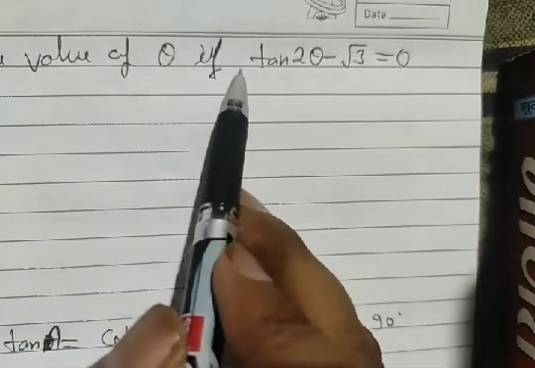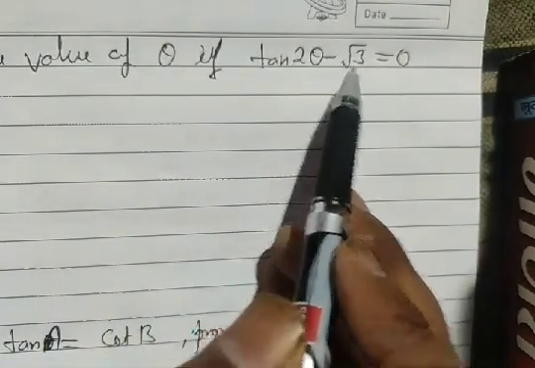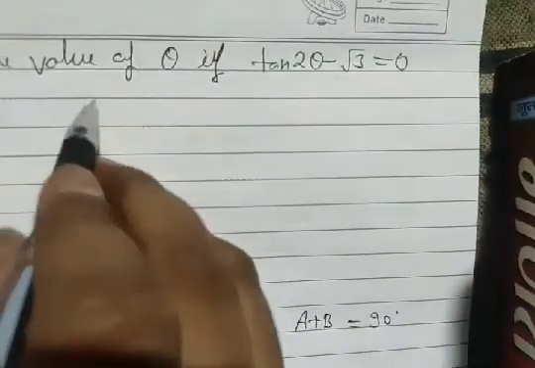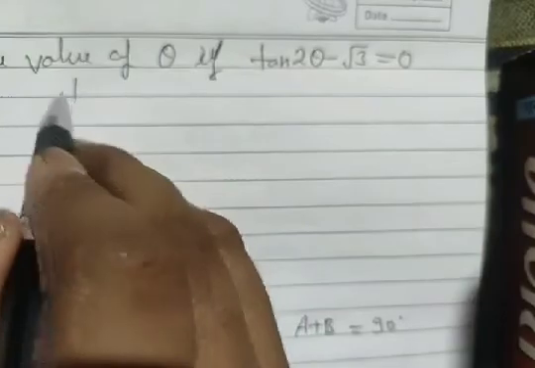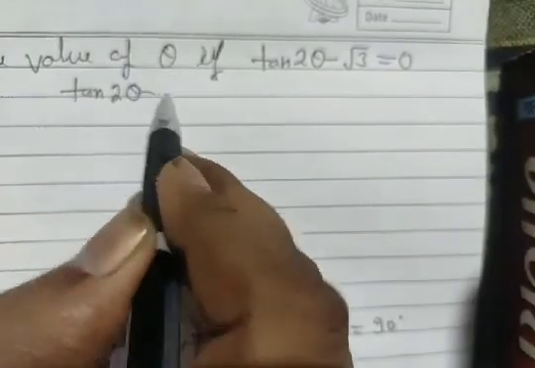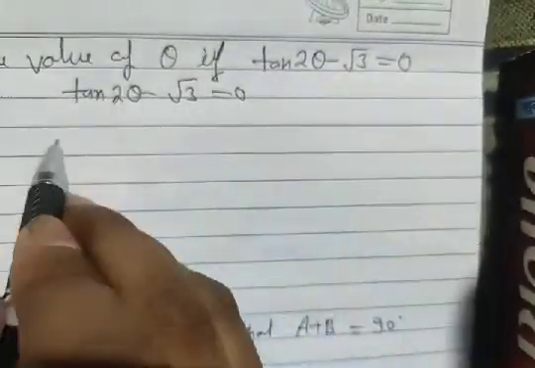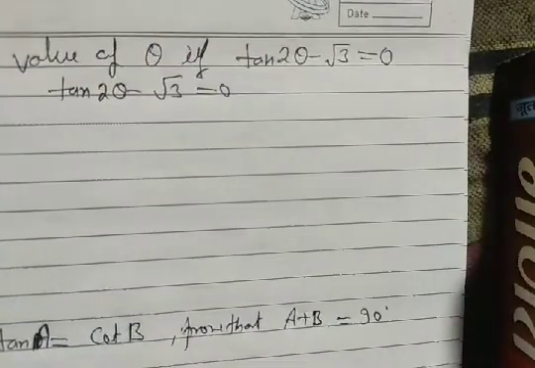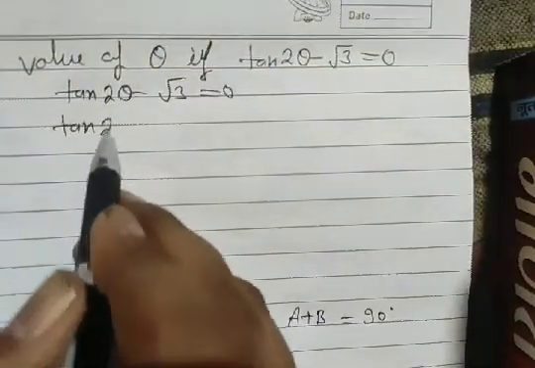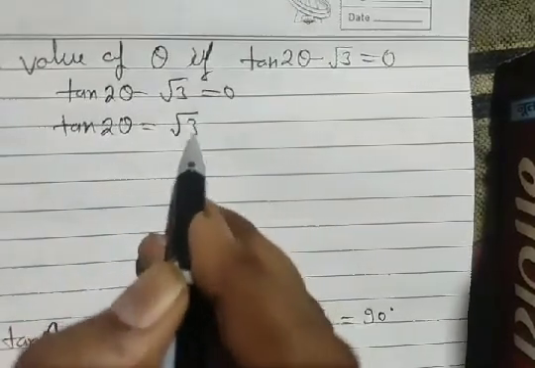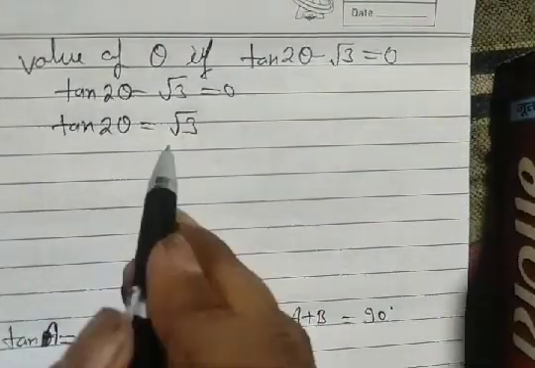One of the problems is tan 2 theta minus root 3 equal to 0. Then tan 2 theta is root 3.